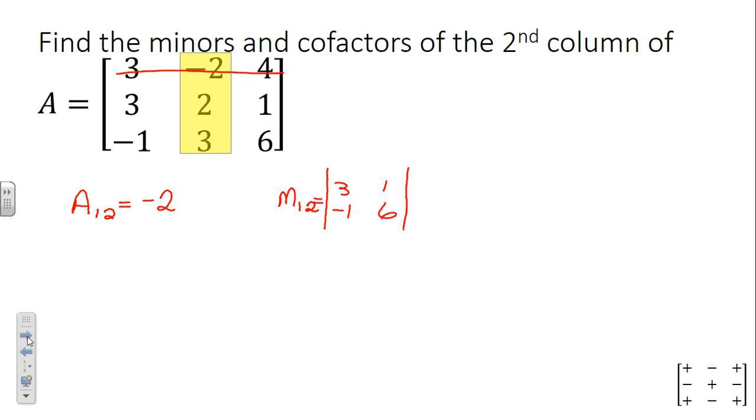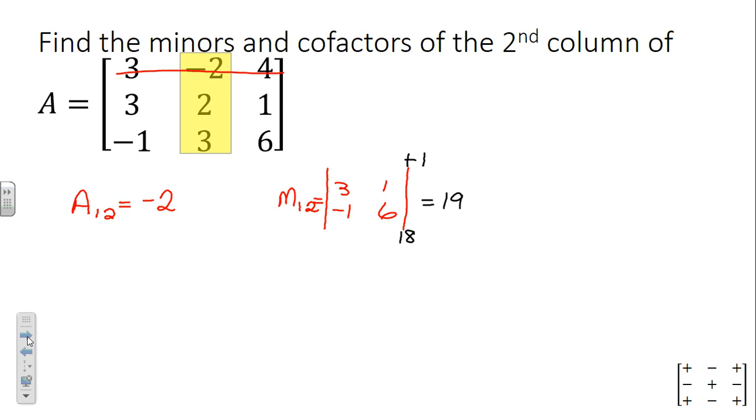And we know how to evaluate that determinant, don't we? So what is that determinant's value? 18 on the major diagonal and -1 on the minor, but we change the sign and we get 19. All right, so the minor for row 1, column 2's element is 19.